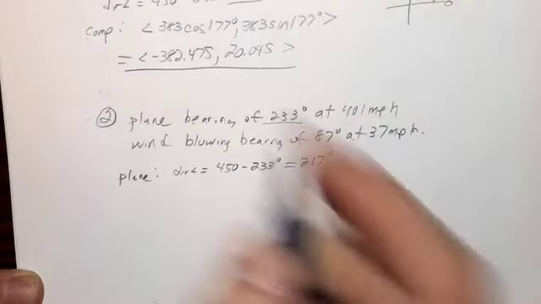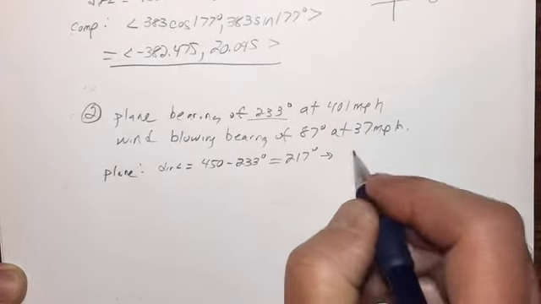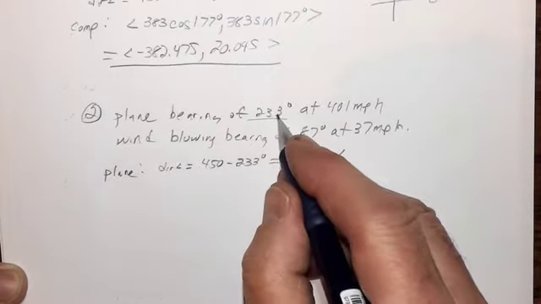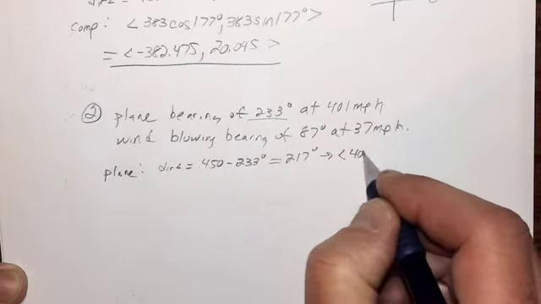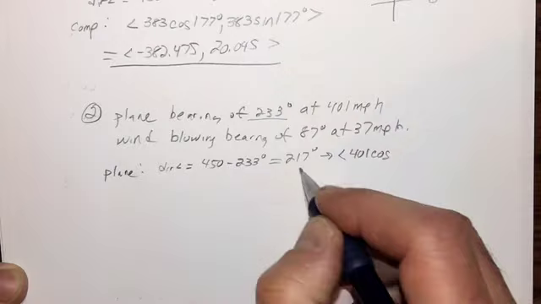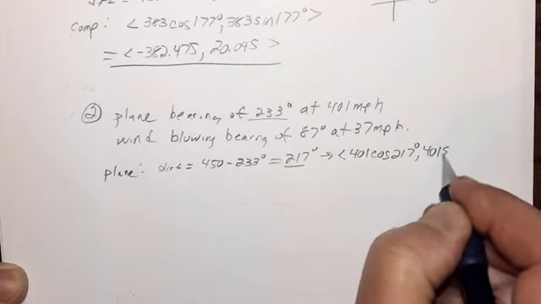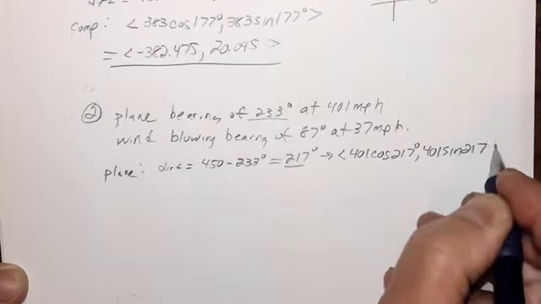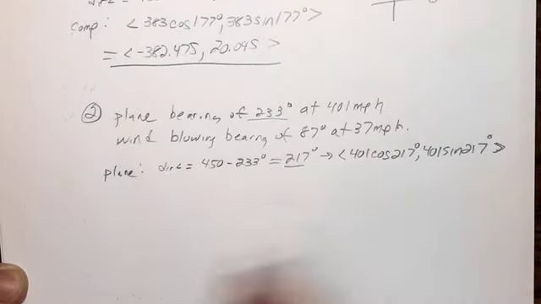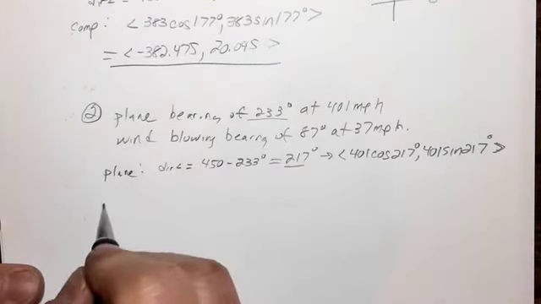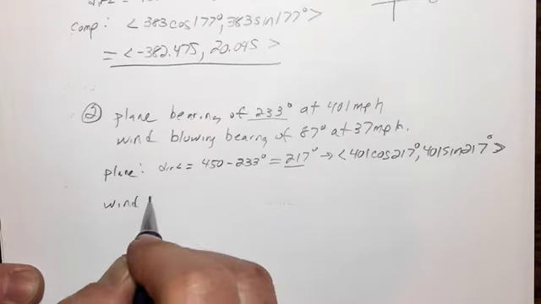So for the airplane, the component form is going to be its speed, 401 miles per hour, times the cosine of 217, and 401 times the sine of 217. You can just take your calculator and work that out. For the wind, you do the same thing.